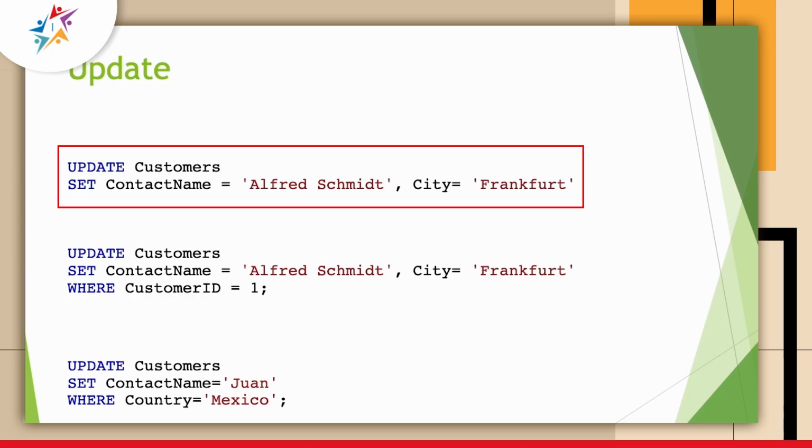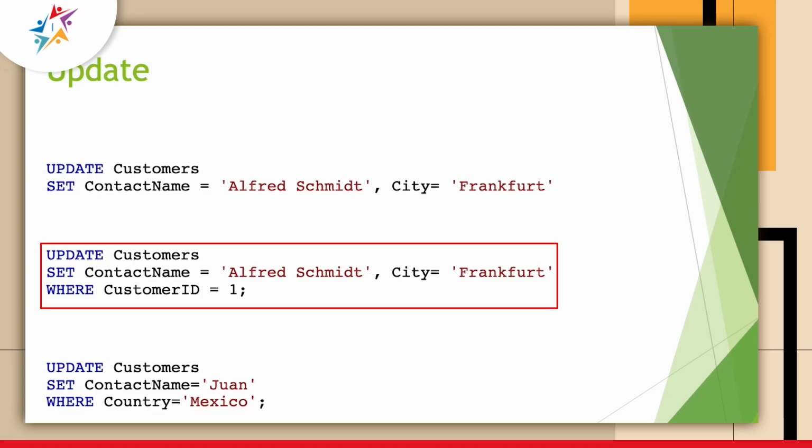Take a look at the example on the screen. Update customers set contact name equal to Alfred Smith, comma, city equal to Frankfurt. Now this particular SQL command will set contact name and city as Alfred and Frankfurt for all customers in the customer table.